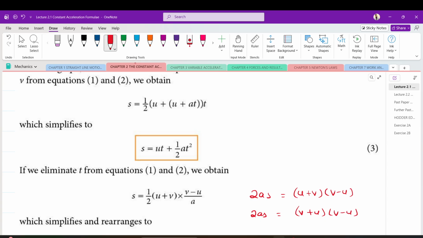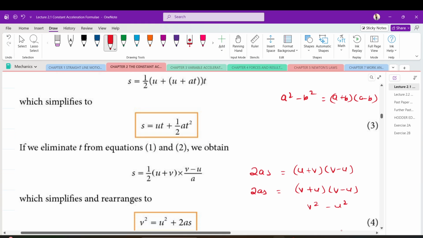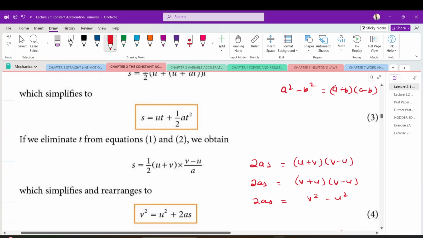You would notice that this is the expanded form of a squared minus b squared, which is equal to a plus b times a minus b, the algebraic identity that we studied back in IGCSEs and O levels. So this can be written as v squared minus u squared. Now this u squared can be shifted to the other side and you will end up with the fourth equation.